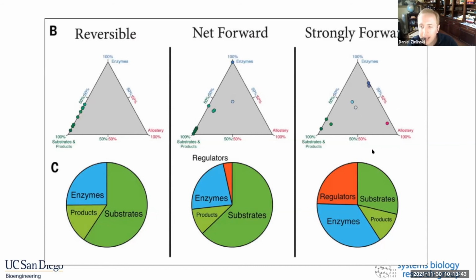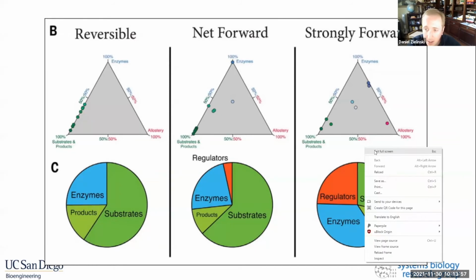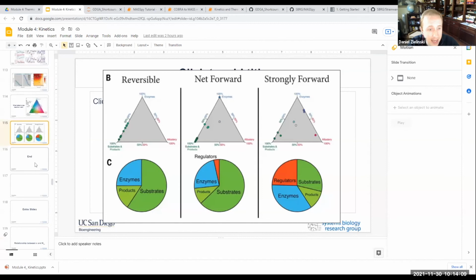So there is a place for these other canonical mechanisms, but it's mainly for these thermodynamically irreversible reactions. So really deep understanding was obtained about flux regulation in vivo from this Michaelis-Menten analysis of these deep in vivo data sets. So that I believe is my last slide. Thank you all for listening.